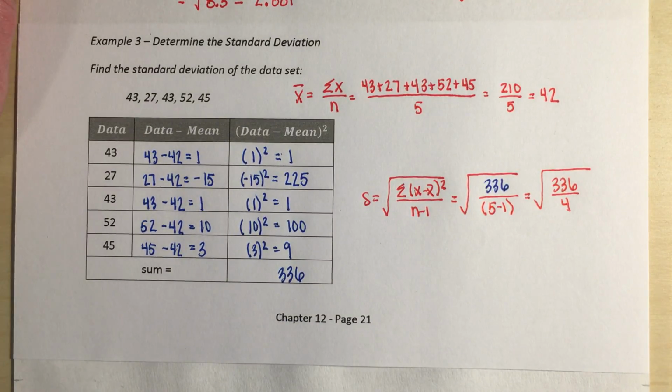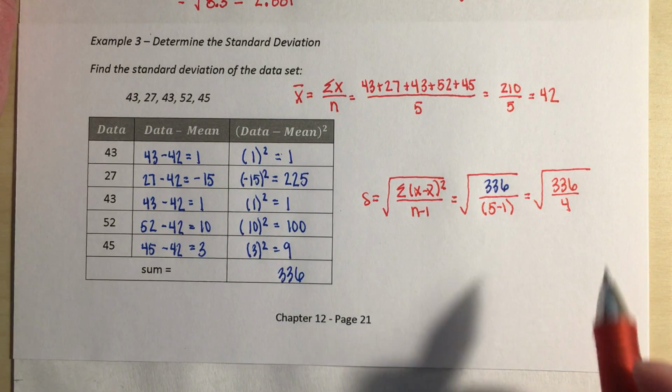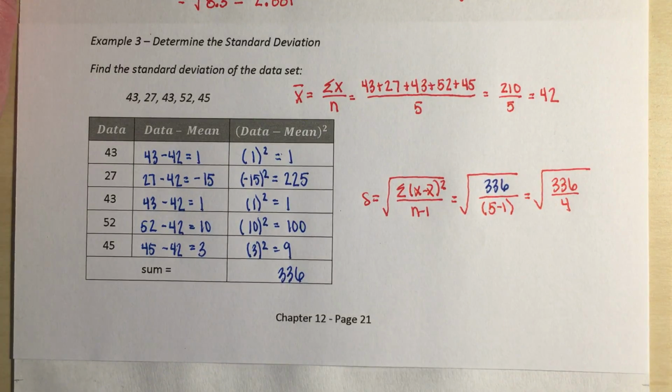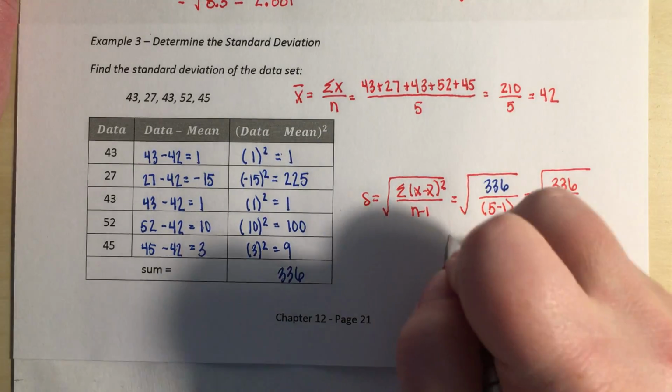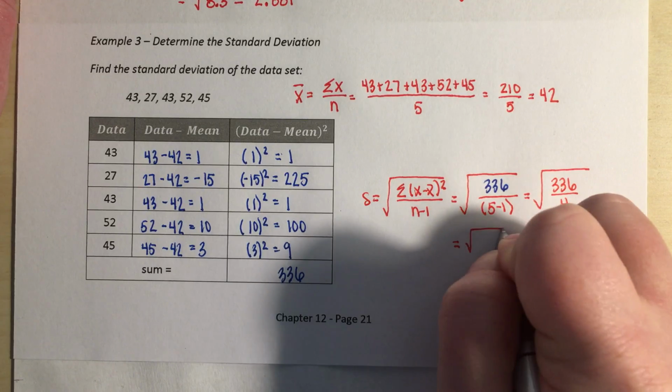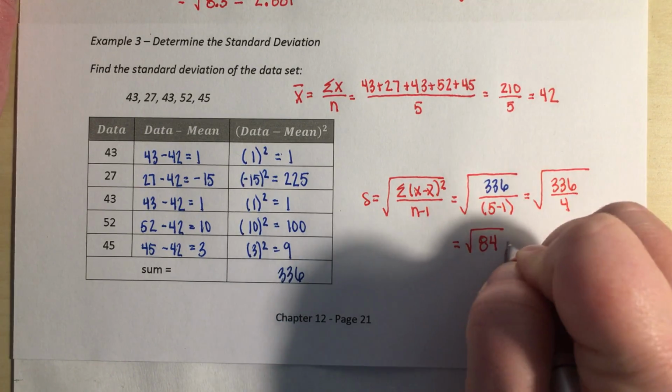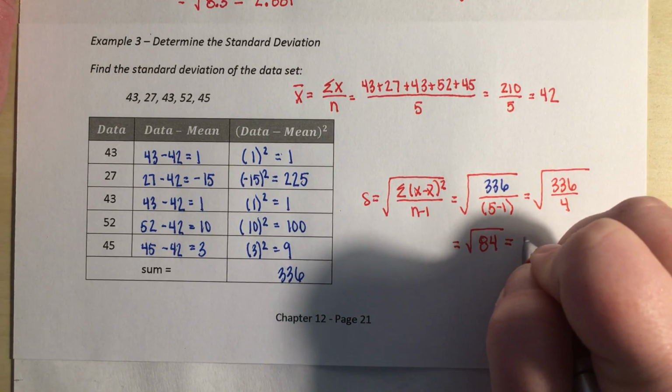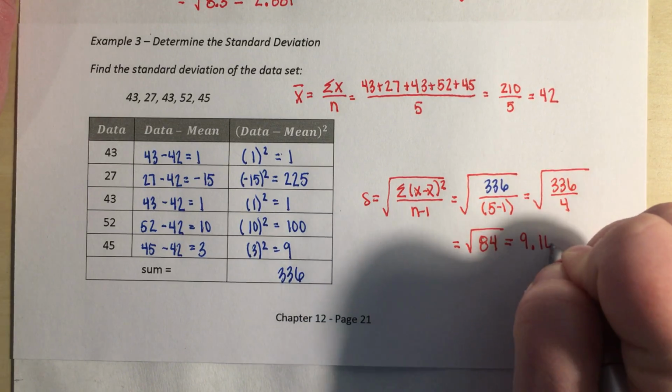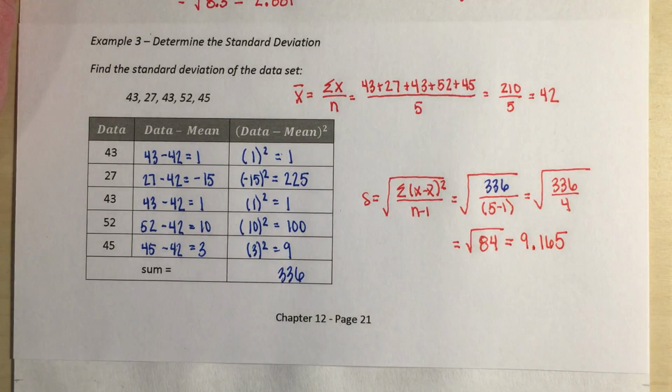Again, if this doesn't divide evenly, I recommend plugging this into your calculator at this point, but this actually does work out nicely. 4 goes into 336 evenly, which gives us 84. And our square root of 84 is 9.165. So there is our standard deviation for this example.